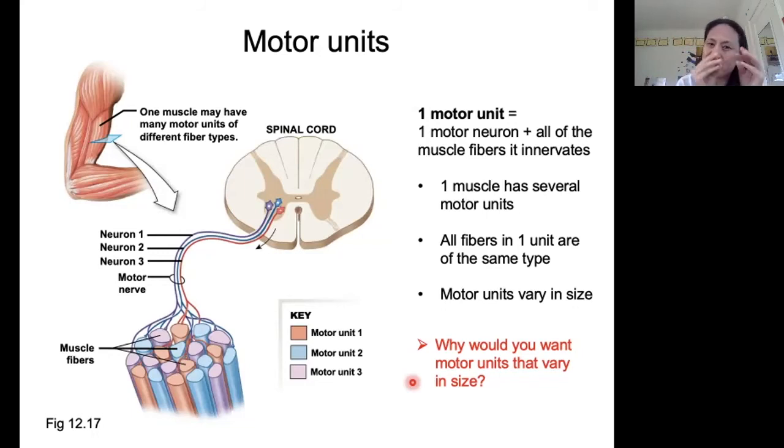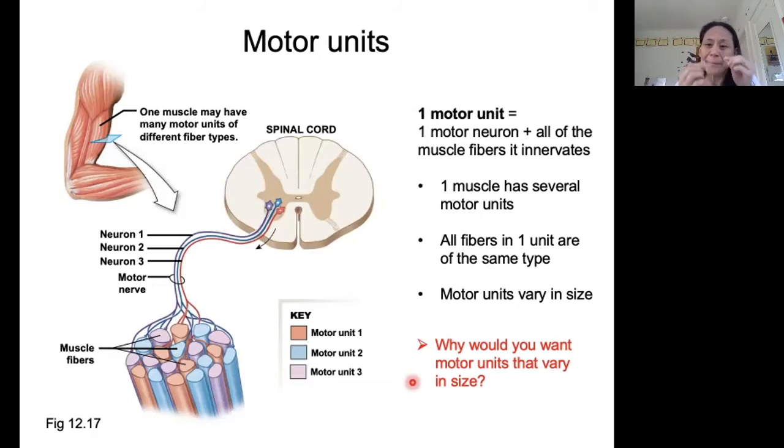You might want this small group of muscle fibers to do something slightly different from this other group of muscle fibers.